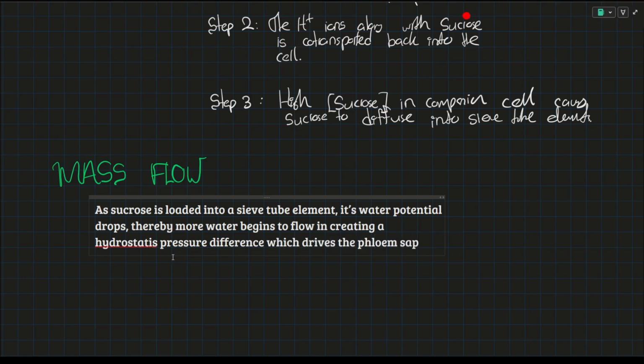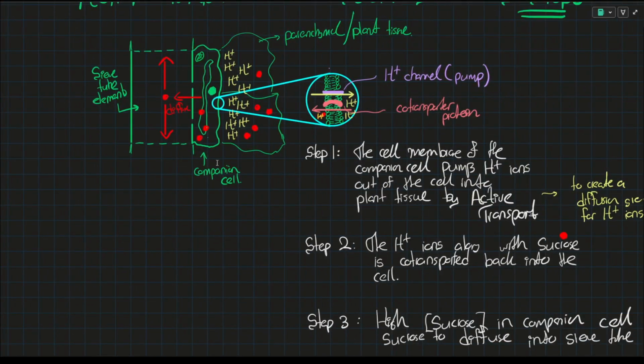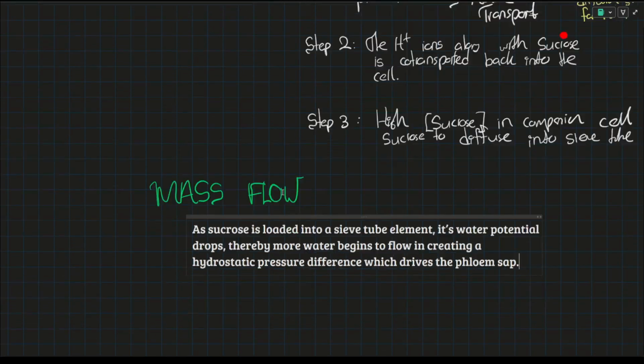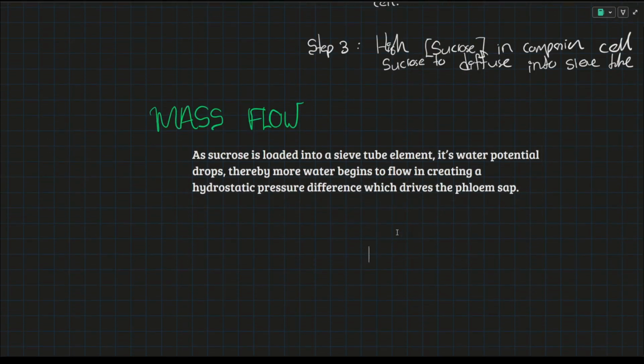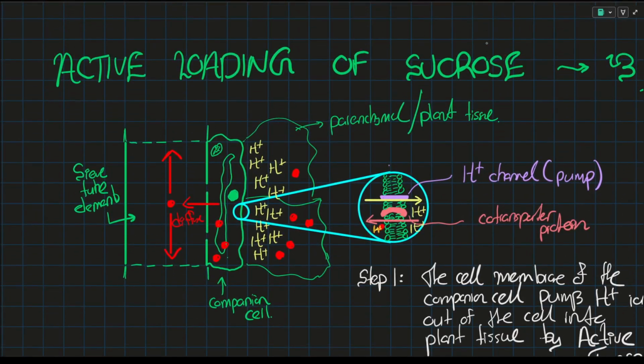Now, sucrose, just because it's inside the sieve tube element, is not going to move. It's not going to move. We need water. Now here we have a lot of sucrose. Because of that, there's a water potential gradient, and what's going to happen?